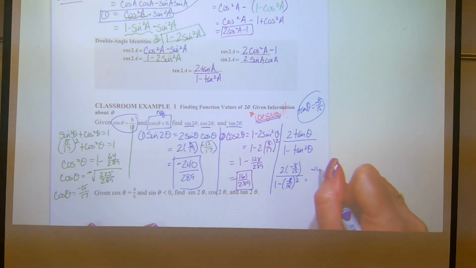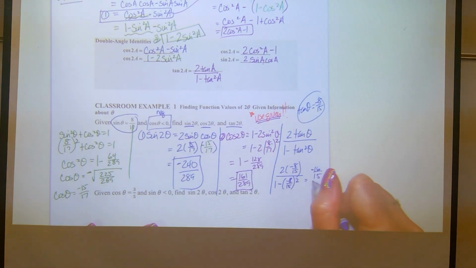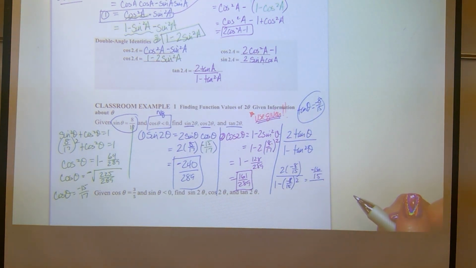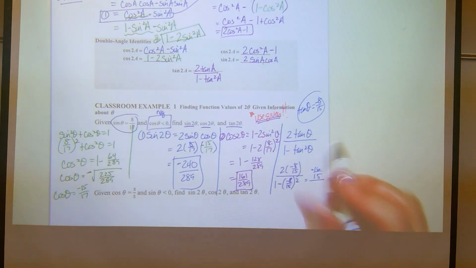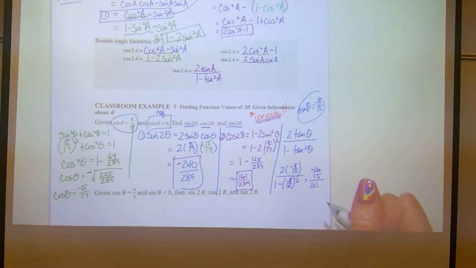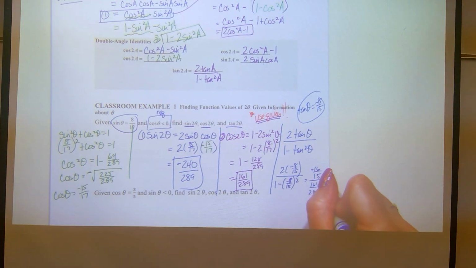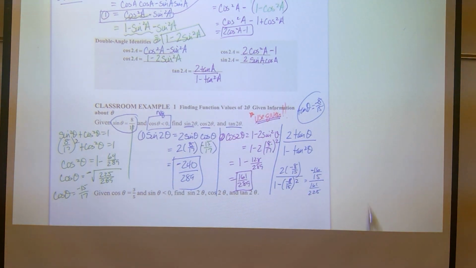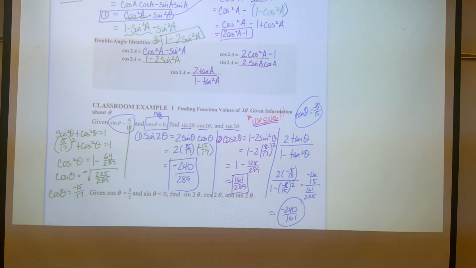That gives me a negative 16/15 over 225 minus 64 over 225. So 225 minus 64 gives me 161 over 225. And when I do that division, I divide by multiplying by the reciprocal, I get a negative 240 over 161.